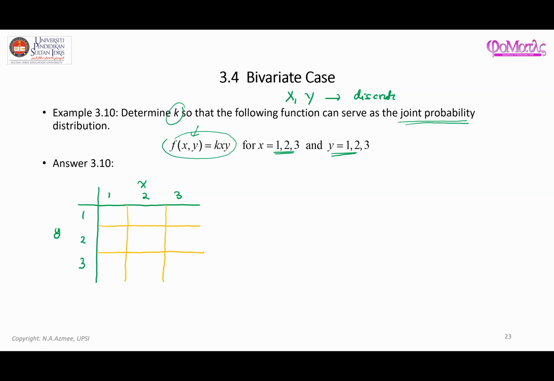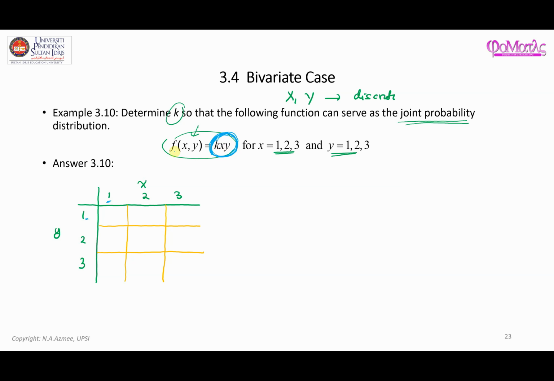Basically what it says here is, if you have x equals 1 and y equals 1 and you substitute into this function, then the result is going to be equal to k.